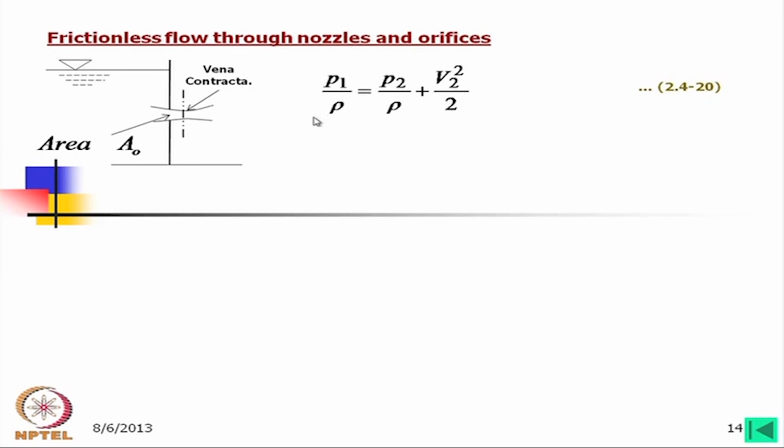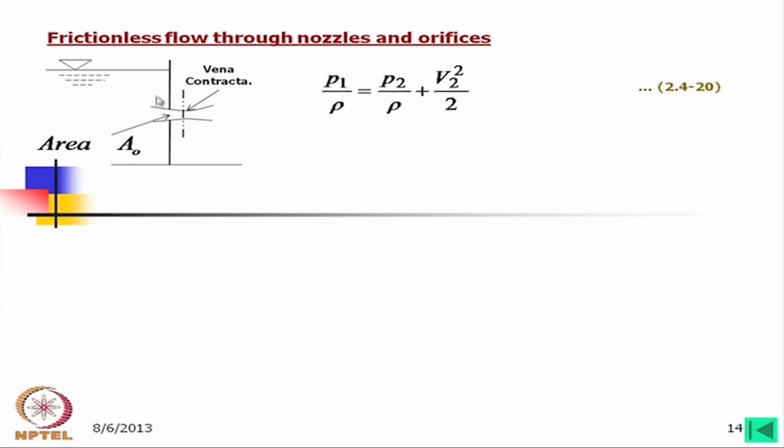Now, for this we can write the equation in this form. Here the velocity at the entry we may consider 0.